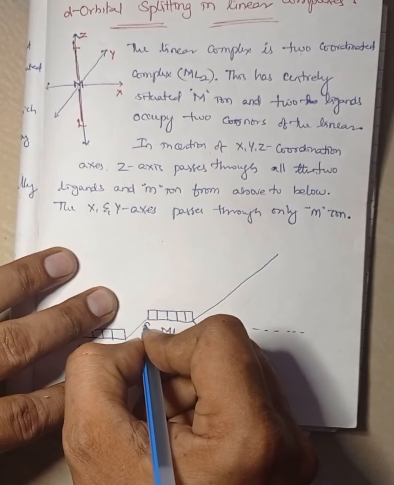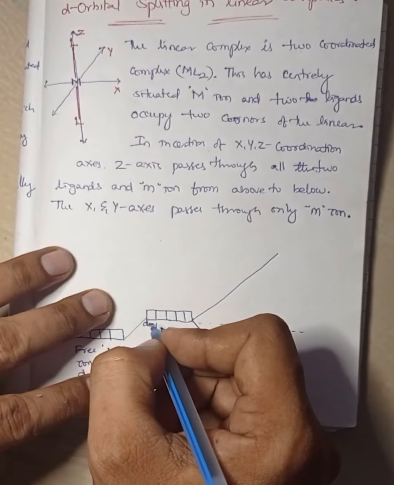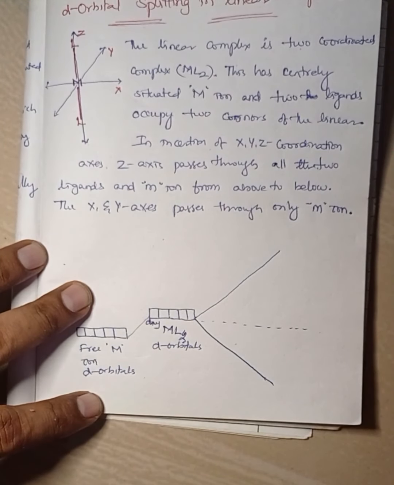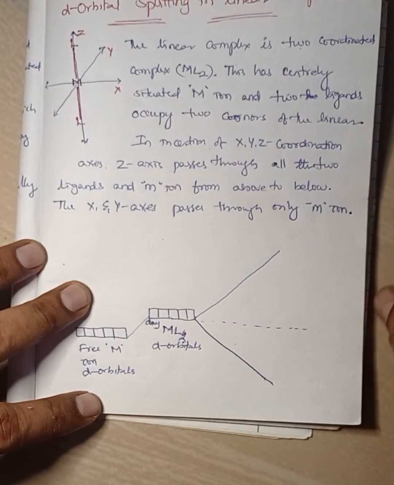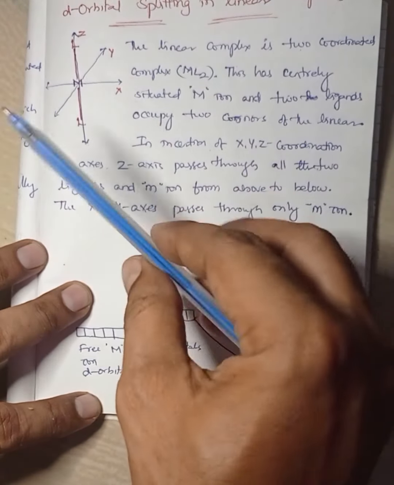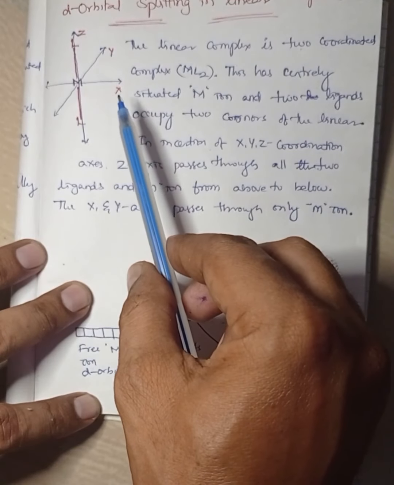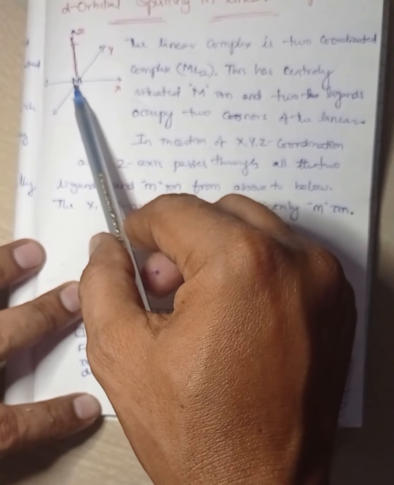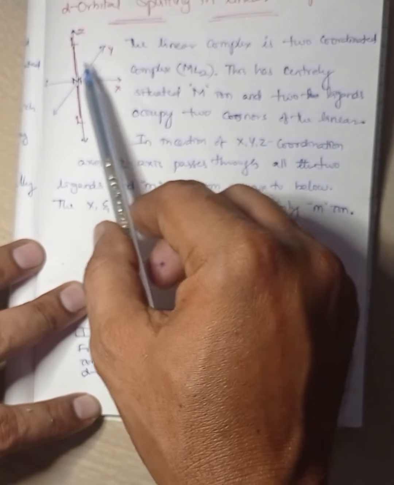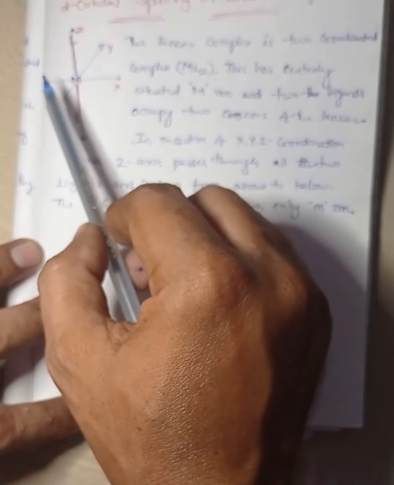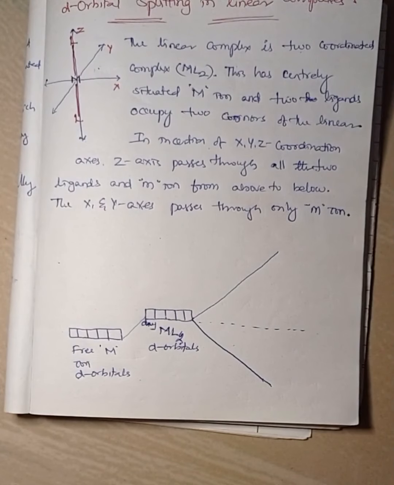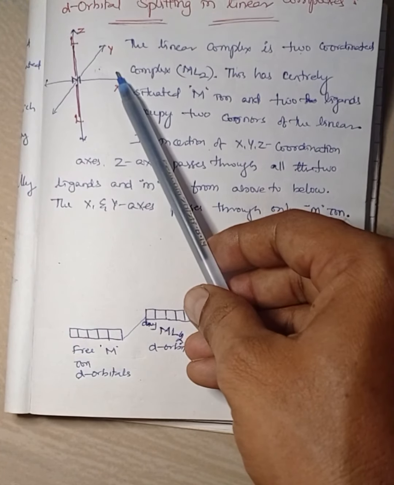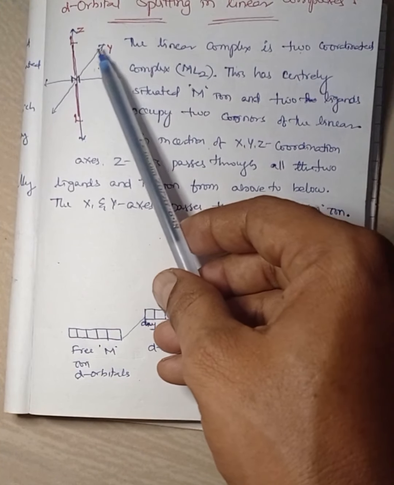Taking similar to the last splitting patterns, take the dxy orbital. The dxy orbital has lobes in between the x and y axes, so the lobes will be away from the ligand sites. The ligands in the linear complex are along the z-axis, nowhere on the x or y or in between.